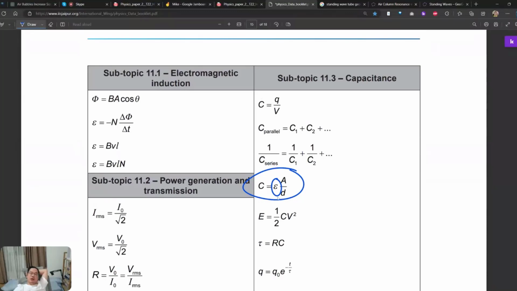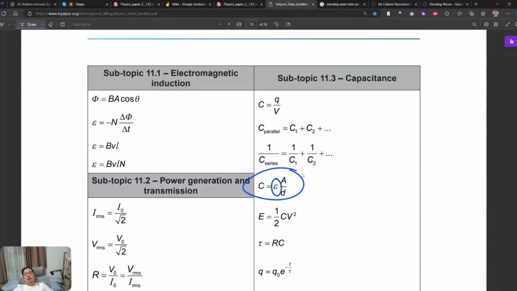This epsilon here is the permittivity of the dielectric. Dielectric means an insulator. It does not allow the electric current to run through, like glass or vacuum or rubber.